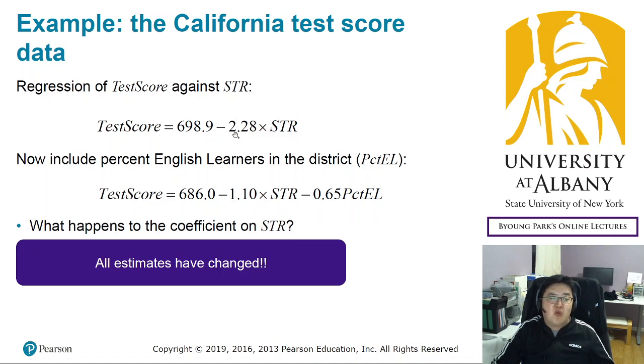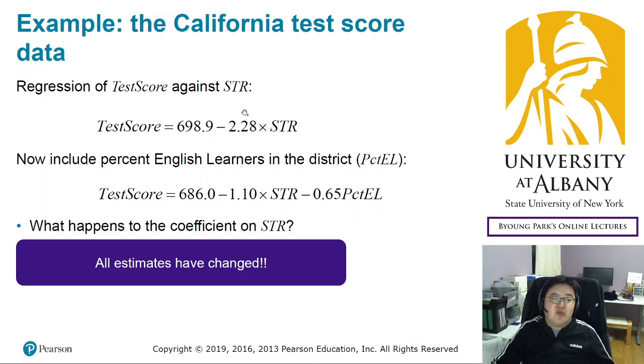Then where is the difference coming from? The difference came from the indirect effect from student to teacher ratio to test score through percentage of English learners, right? So the indirect channel from student-teacher ratio to percentage of English learners to test score can be quantified as this difference.